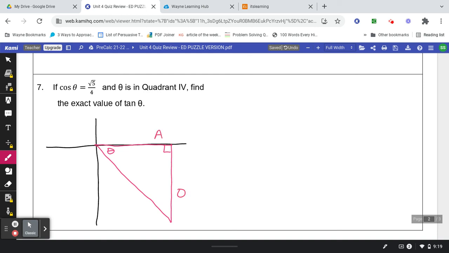Opposite, adjacent, hypotenuse. And then we'll put our labels on for cosine. Cosine we know is A over H. So this is the square root of 5 on the A. 4 is the H, and we are missing this O, so again, Pythagorean theorem.